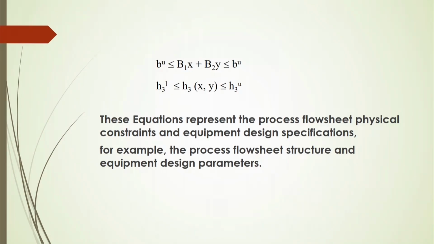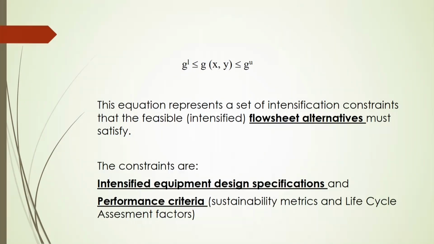And also the equation g lower bound less than or equal to g as a function of x and y, less than or equal to g upper bound, represents a set of inequality constraints that the feasible intensified flow sheet alternatives must satisfy.